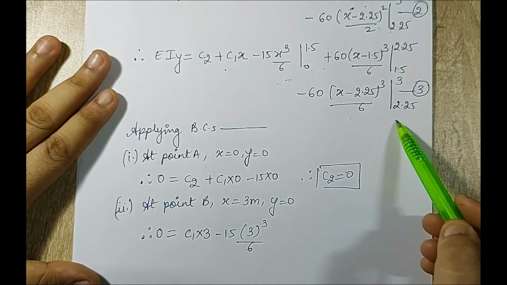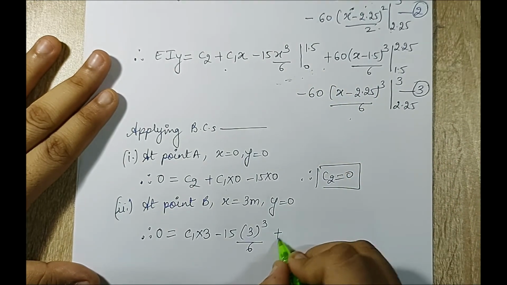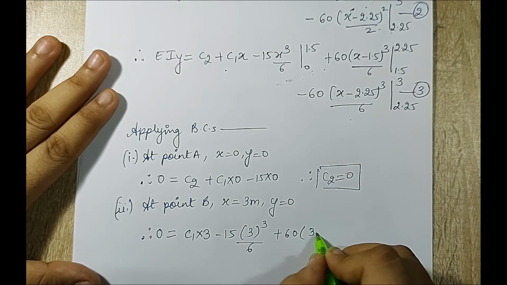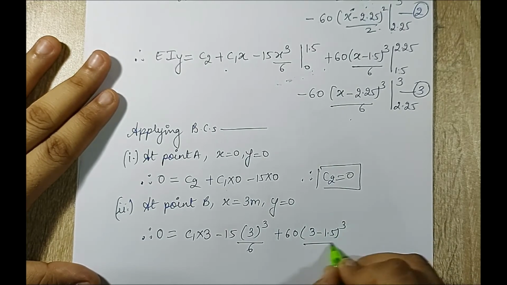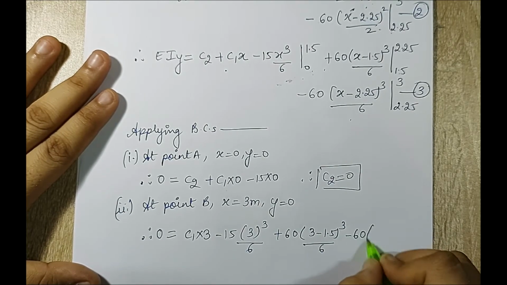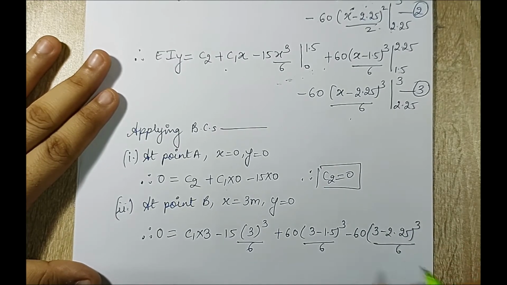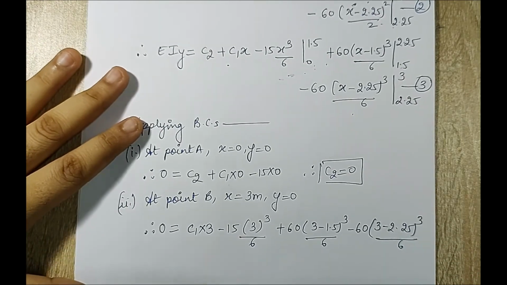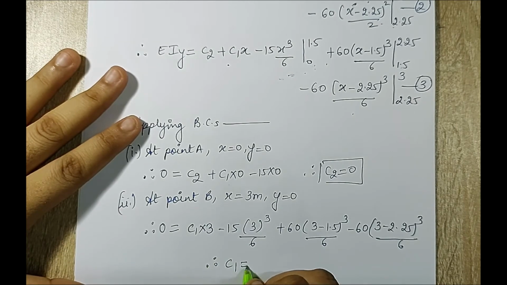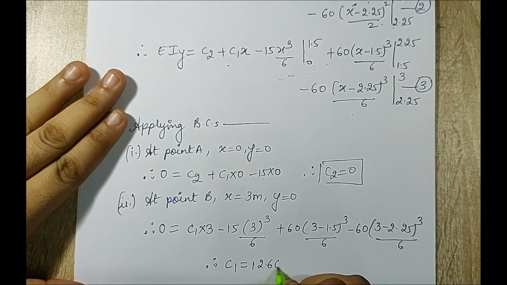Now here I am going to write the equation till the end. So I have plus 60 into 3 minus 1.5 cube by 6 and minus 60 into 3 minus 2.25 cube upon 6. When I solve this, I get the value of C1 as 12.66.